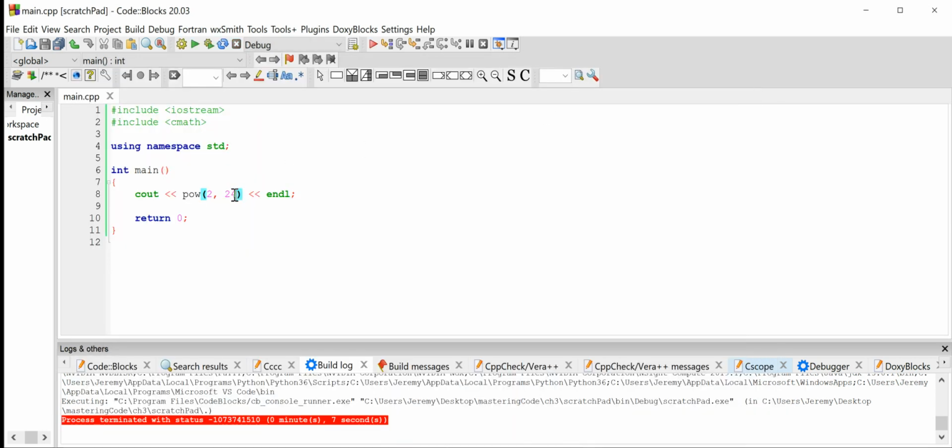All right, so all of that being said, you can also take roots with this POW function. If you're mathematically savvy, you know that you can raise values to fractional powers, and that is the same thing as taking the root of that value.